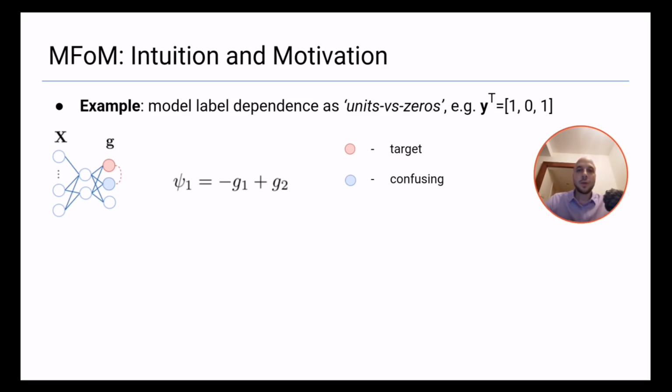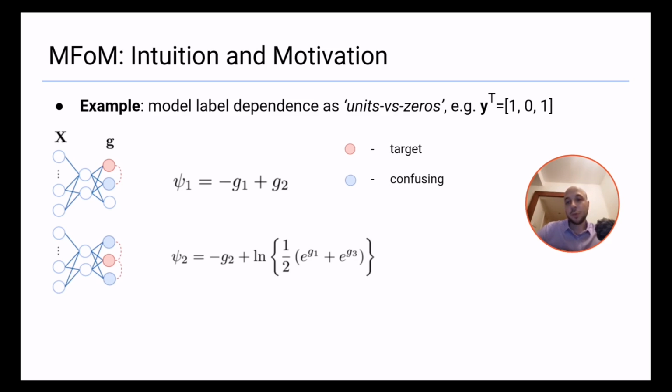I call this modeling as units versus zeros. And for current output score G1, which has red color in this figure, we call it target output. The confusing output is G2 because it has 0 label, and the target label has 1 unit label. The new score we denote as psi1, and it will be a difference of target and confusing scores.